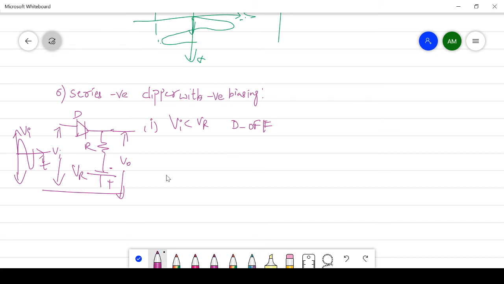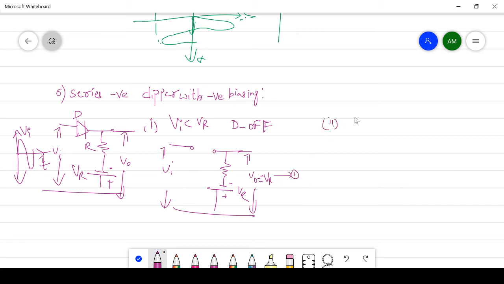Below the reference voltage the diode is off, it is an open circuit, so we get the output as the reference voltage. So V naught is equal to minus Vr. This is equation 1.